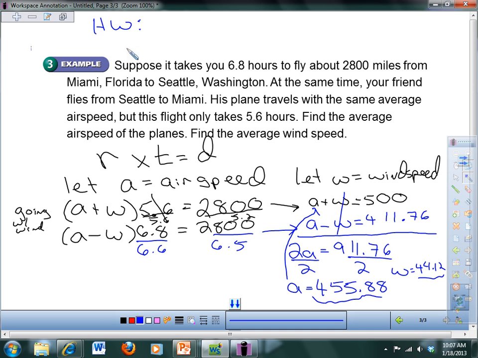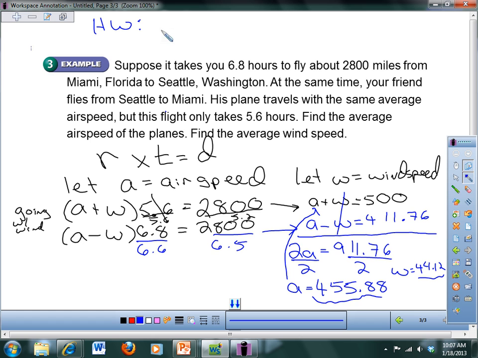Page 365. I didn't even look at my notes. We're going to spend another day on this on Tuesday. Don't worry, it's not like 20 problems.